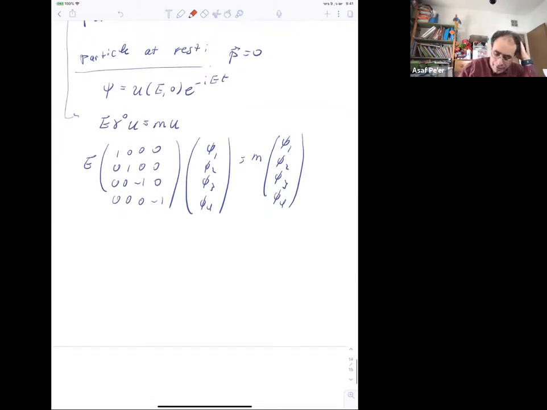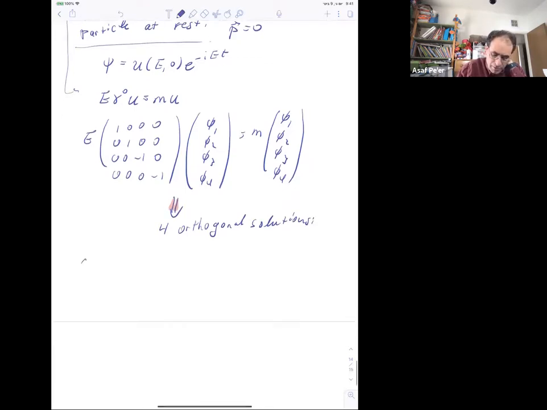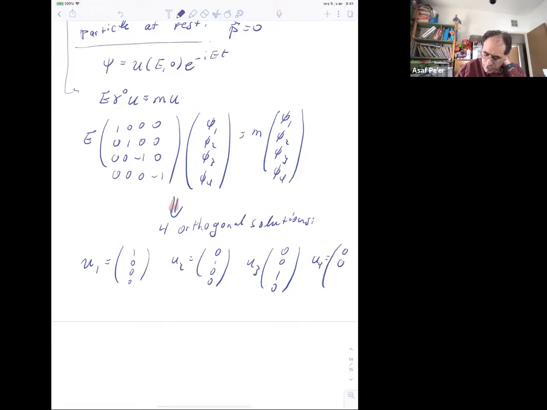We have four orthogonal solutions, which are immediate: u1 is 1, 0, 0, 0; u2 is 0, 1, 0, 0; u3 is 0, 0, 1, 0; and u4 is 0, 0, 0, 1. Pretty cool, four orthogonal solutions, up to normalization, which I elegantly skipped.